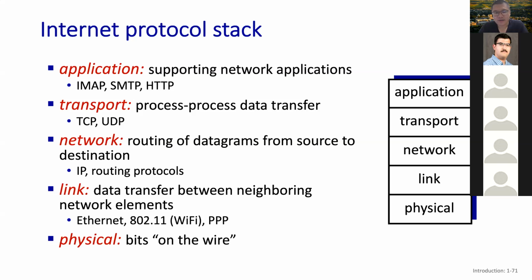So here are the five most important layers you should know for the internet protocol stack. After this class, when someone mentions the layer structure of the internet protocol, the basic idea is: application, transport, network, link, and physical. This is something you should at least know or remember.